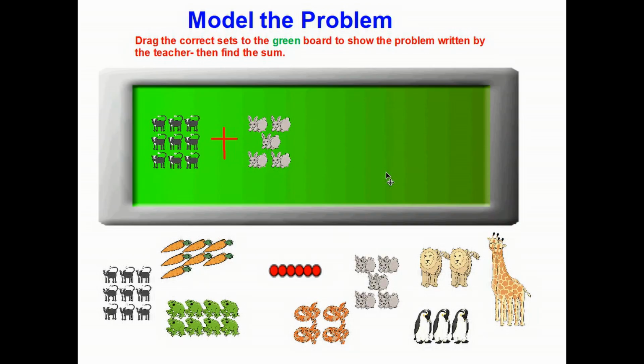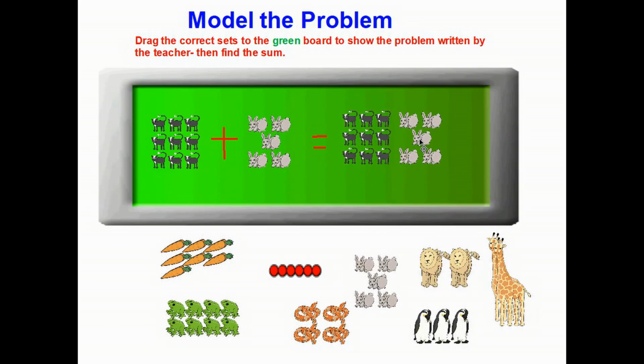How many in total? By counting, we can get the answer. The sum will be 9 plus 5, which is 14. Yes, 14 animals will be the result. I can also show the subtraction by using this one.